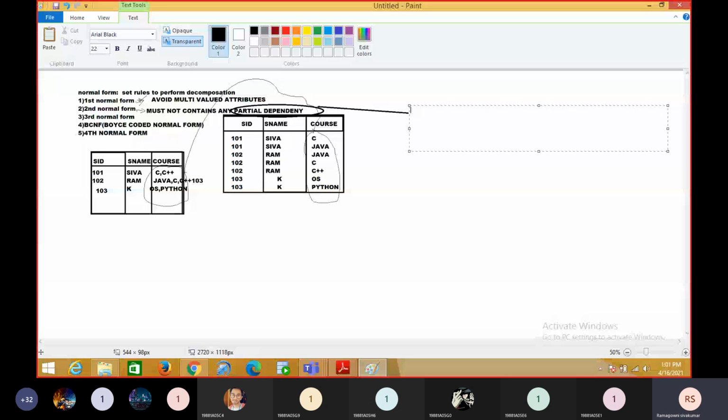Because here there is no added attribute, so that location is fully dependent on the department ID. This is the second normal form. Second normal form rule is what? It must not contain any partial dependency.